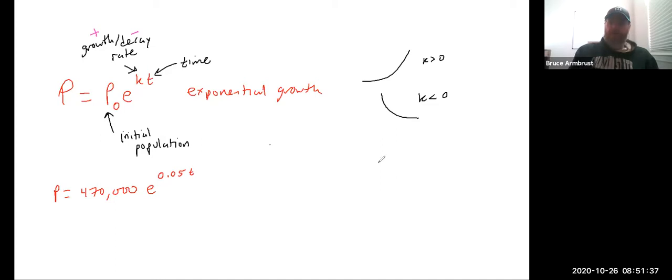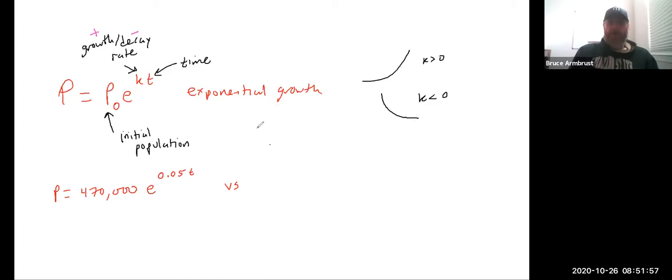Now, I do want to address something that I saw pop up in the chat. Erez put in here 1 plus 0.05. And this is another way of looking at exponential growth.